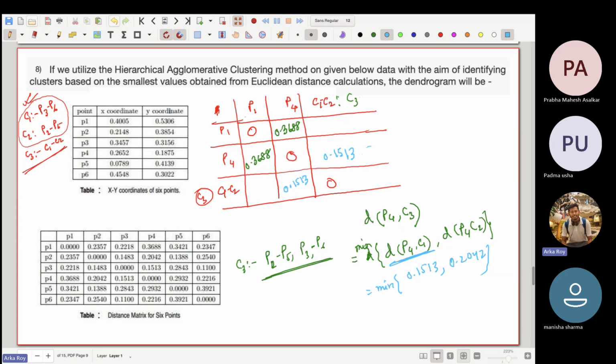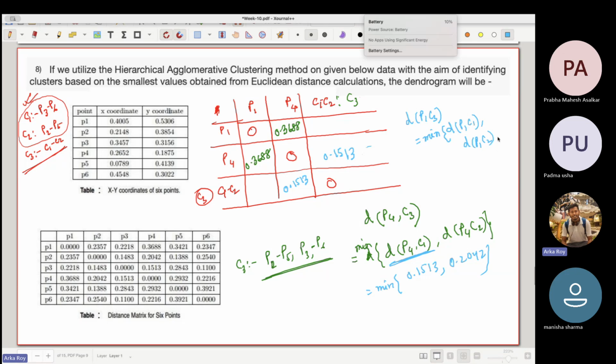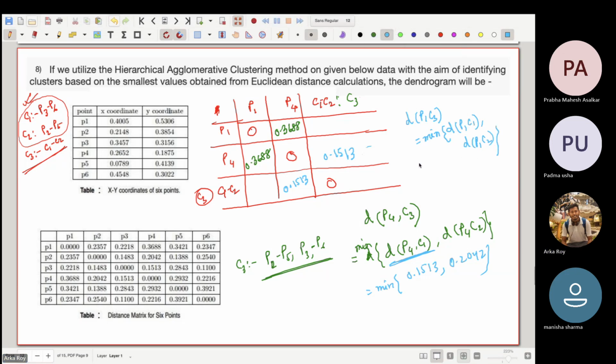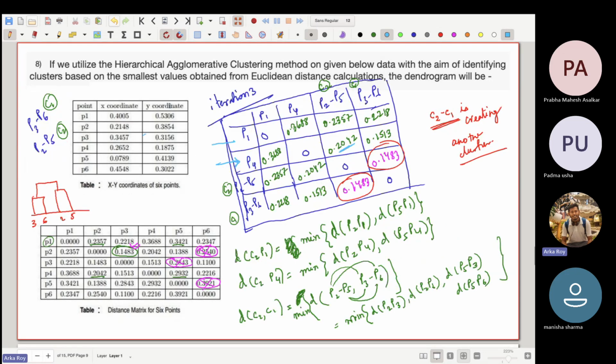Now we have to calculate this distance D P1 से लेकर C3. So that means minimum of D P1 C1, D P1 C2. Okay, so I can write D P1 से लेके C1 का डिस्टेंस इज 0.2218, 0.2357.